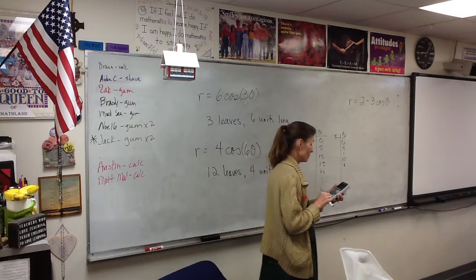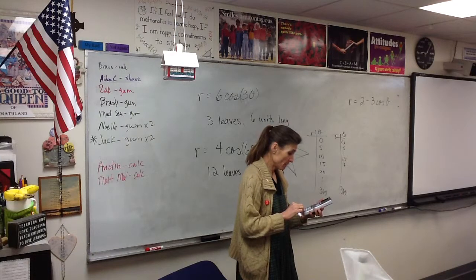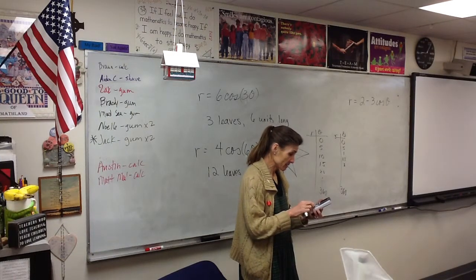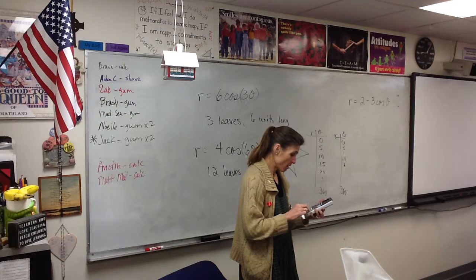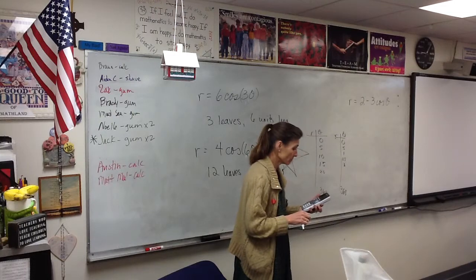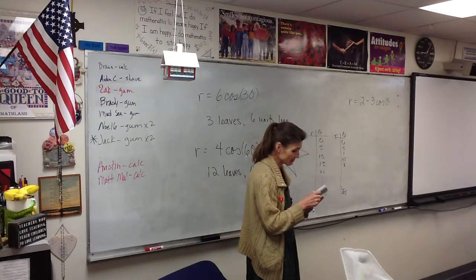My window is still messed up from being squared, so I'm going to change my window on my X's. I'm going to go from -6 to 6, and likewise on my Y's, and I think I'll get a better picture. So my X's and Y's I changed to -6 to 6.